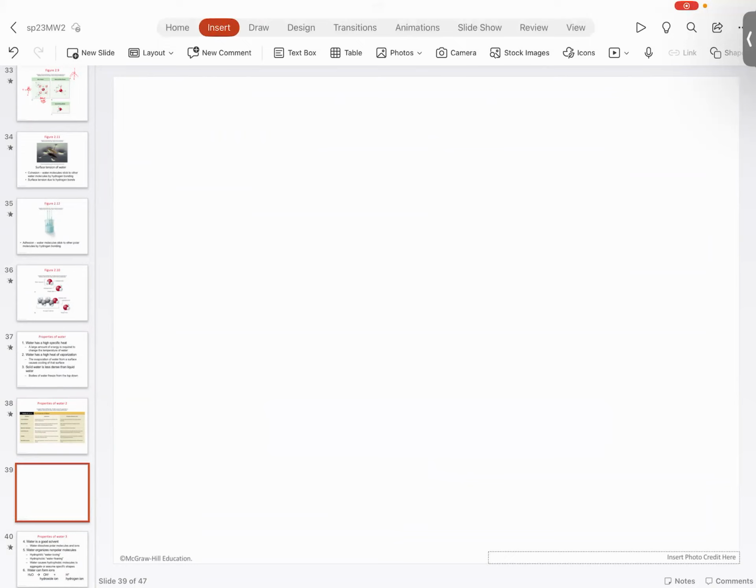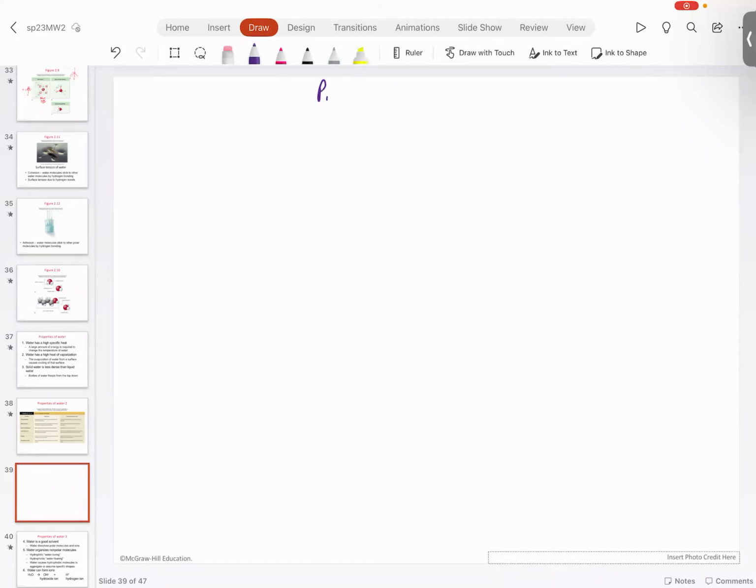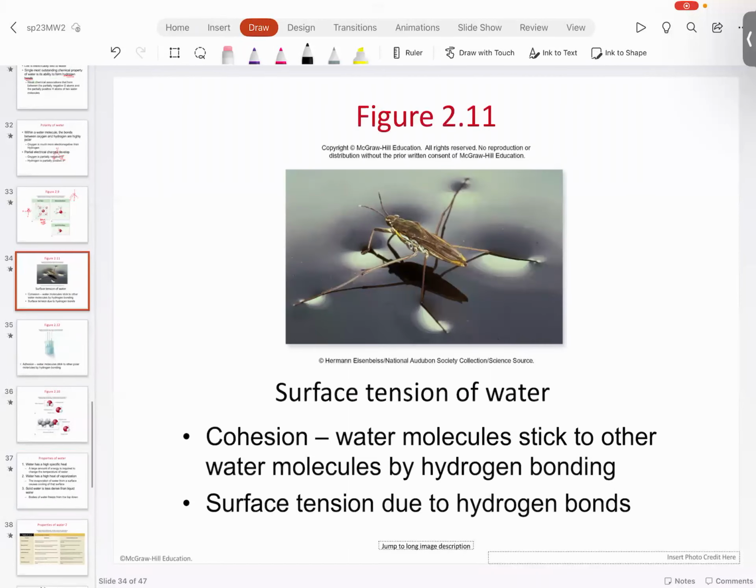It's polar, and it has the capacity to form hydrogen bonds. Pretty simple, but that simplicity gives us a huge spectrum of abilities. And so I'm going to keep a running list here, so it's all in one place.